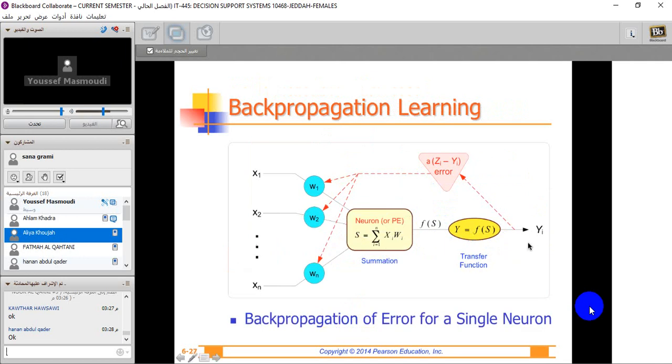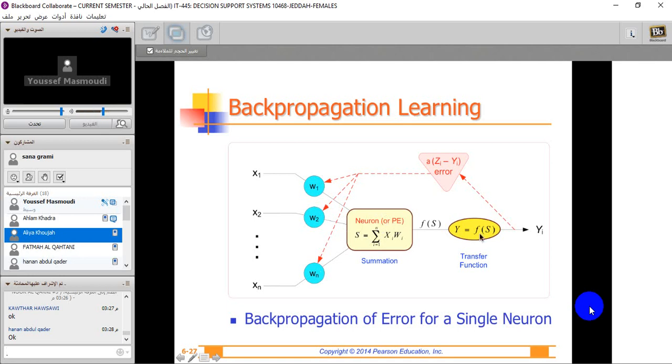As for back propagation learning, from the output you will compute the error, and based on this error, you will fix the weights again. Back propagation of error for a single neuron. Here you have inputs, and here you have the weights of each input. Then all the information enters the neuron.